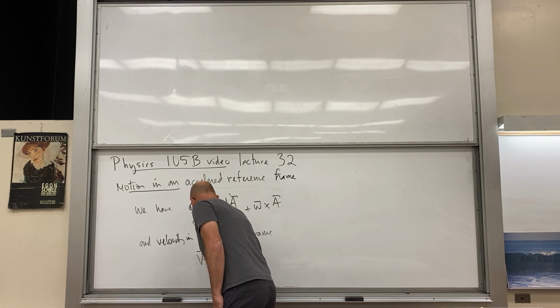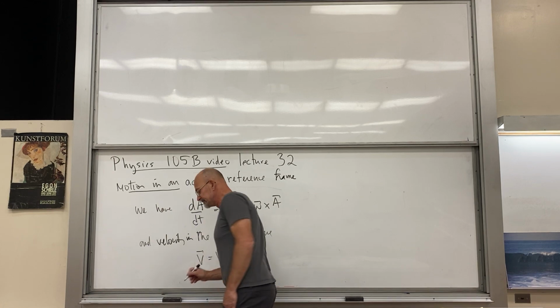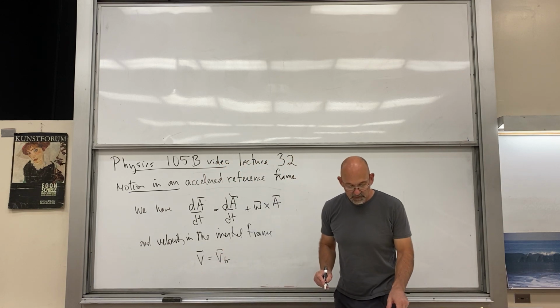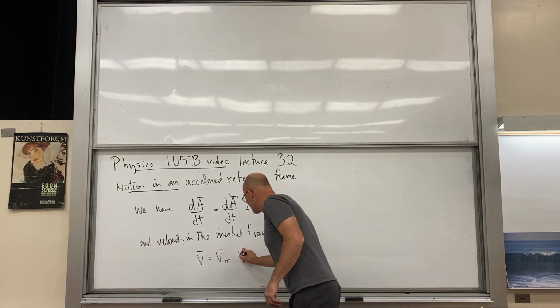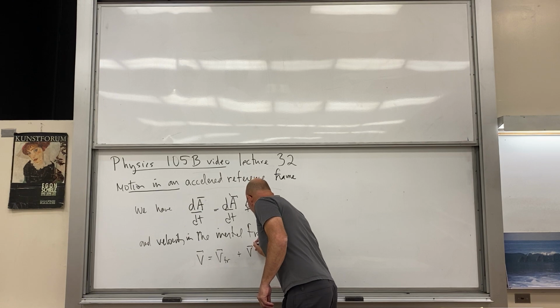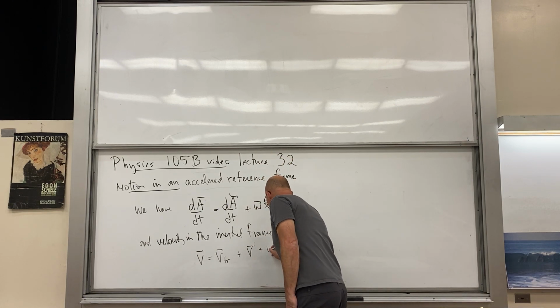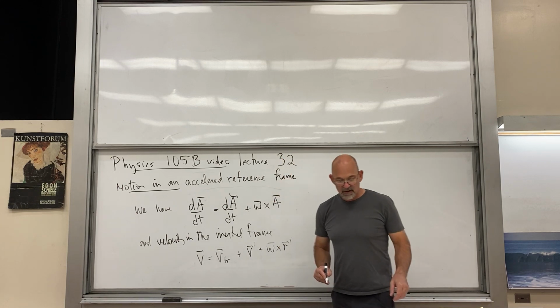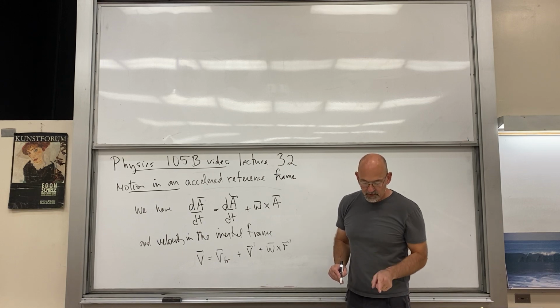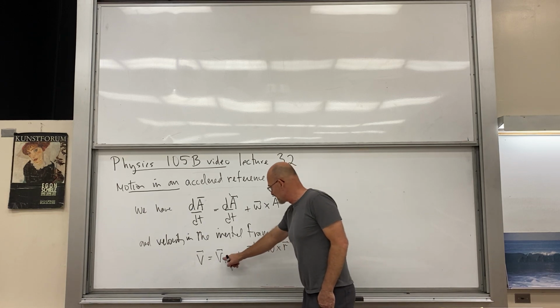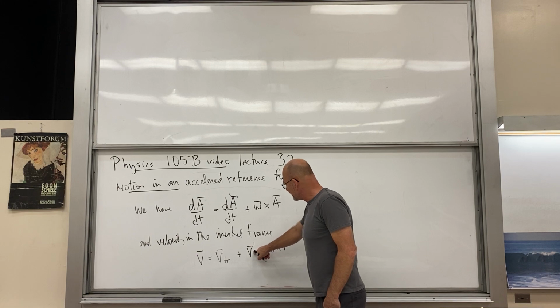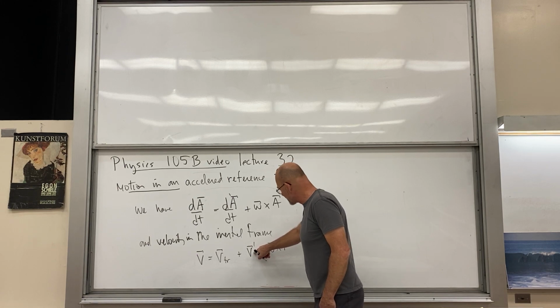So we have V is V translation plus V prime, that's that same prime we're going to use, plus omega cross R prime. That's right, translation V in the inertial and the rotating frame.